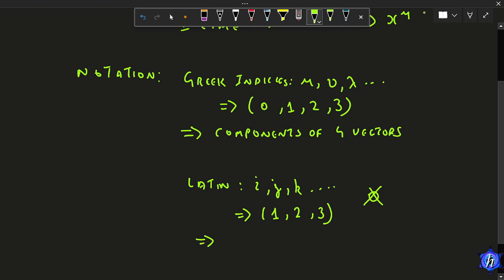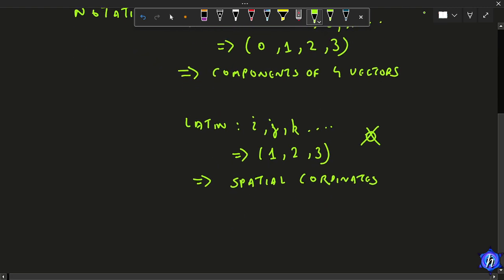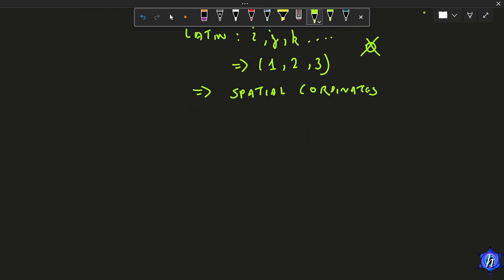And they are used to define the spatial coordinates. So these are the two notations that we will use throughout this lecture, throughout this course on quantum field theory.